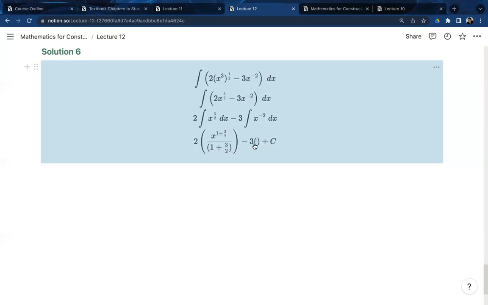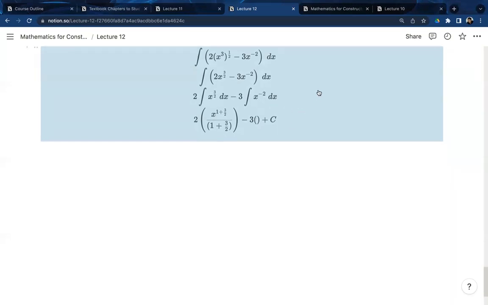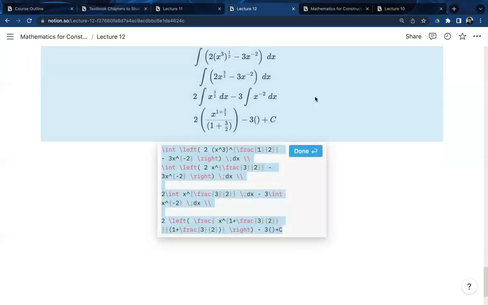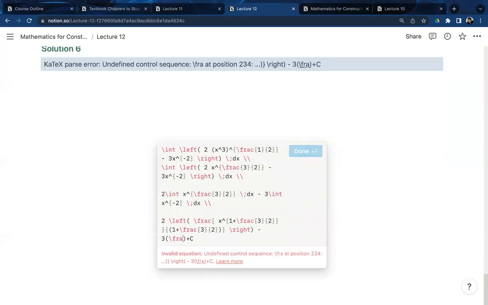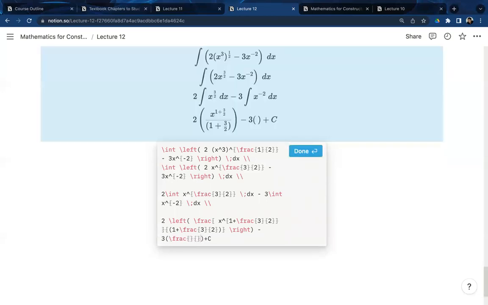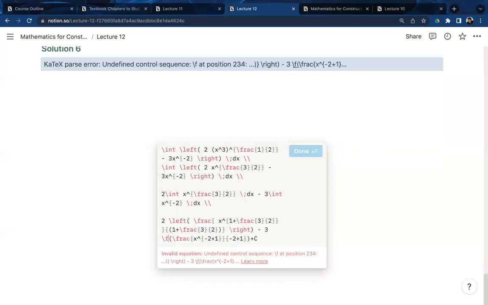Similarly for the x to the minus 2 here, we say, okay, this is 3, this is a fraction, right? x to the power negative 2 plus 1, right? And then that same negative 2 plus 1, we put it to the bottom here, negative 2 plus 1.